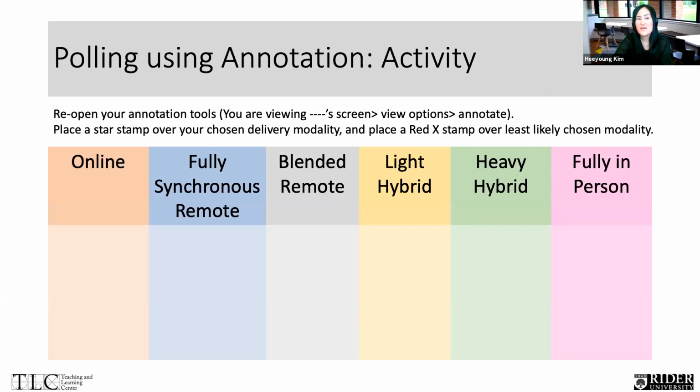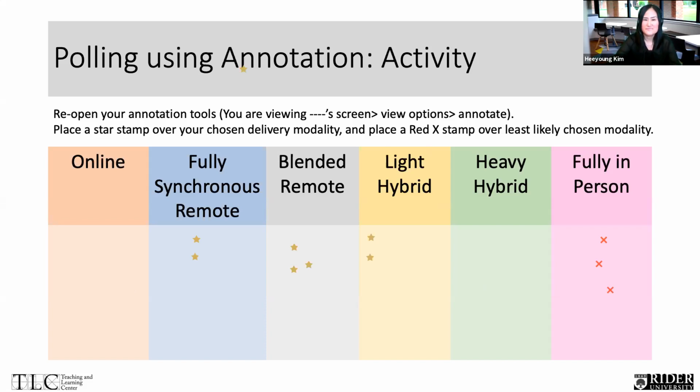So stamp it: give us a star if you are more likely to do it, and give me the red X if you are less likely to do it. So star for what you're planning to do, and red X for what you're never going to do. Cool. I'm counting it. You can do more, but I'm waiting for 15 responses.